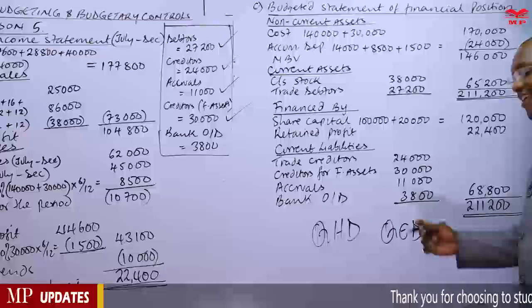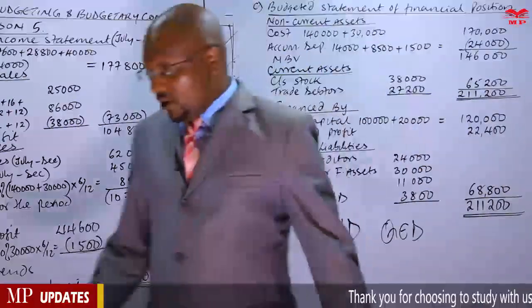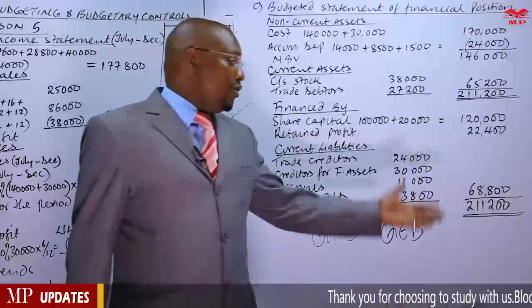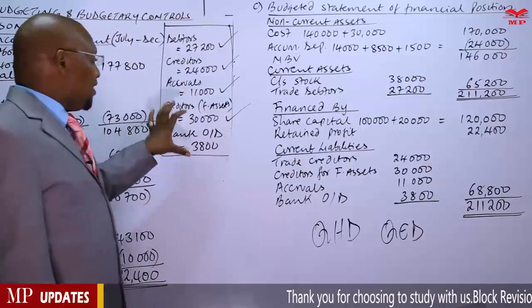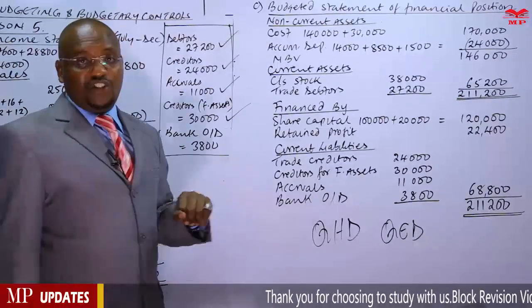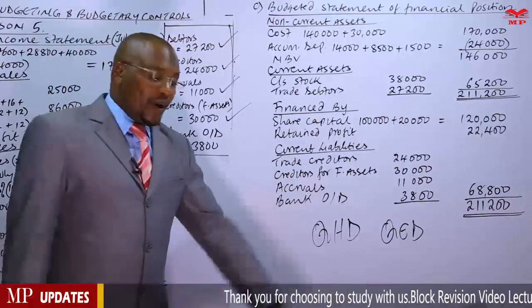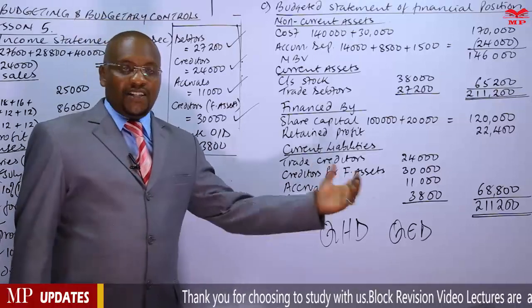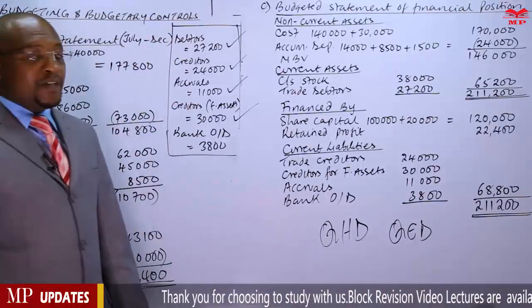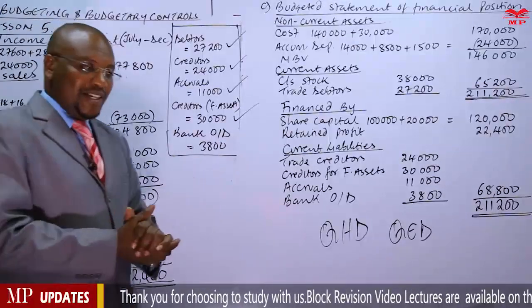So quite easily done is what I take, because I didn't have any struggle getting the balance. I have traced each and every item that requires to appear in the balance sheet and the income statement. Everything has been in place, and therefore for me it is quite easily done. But there are cases where you may struggle to find the statement balancing, and therefore it would be hardly done.